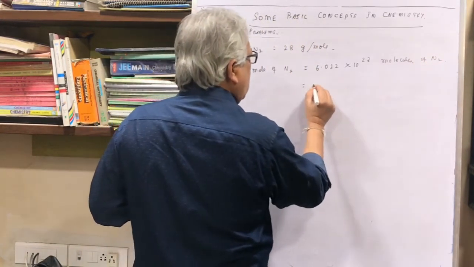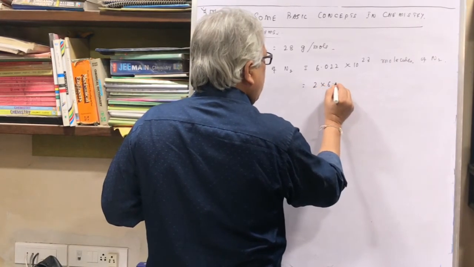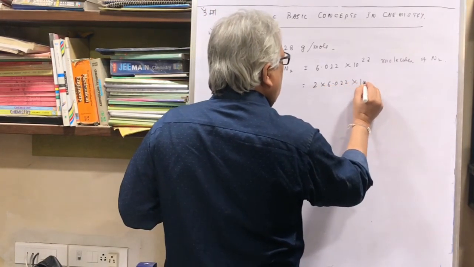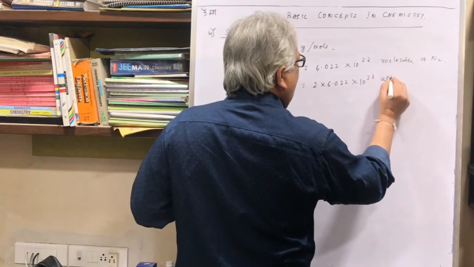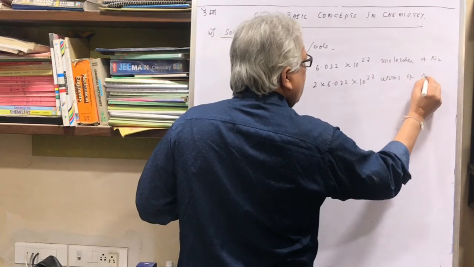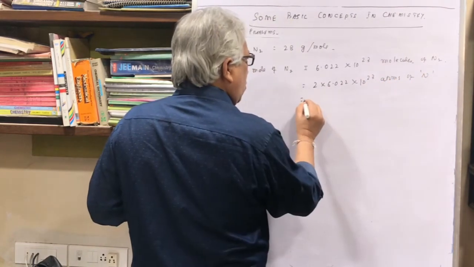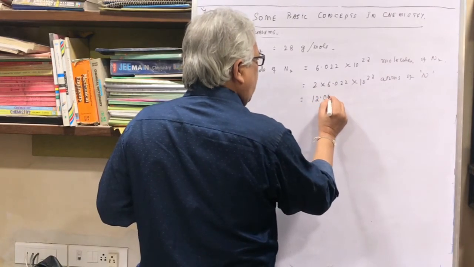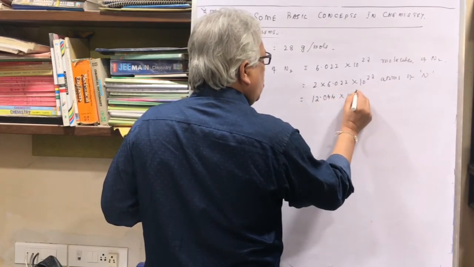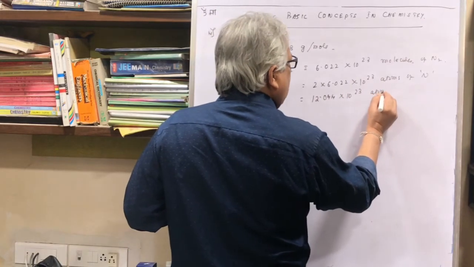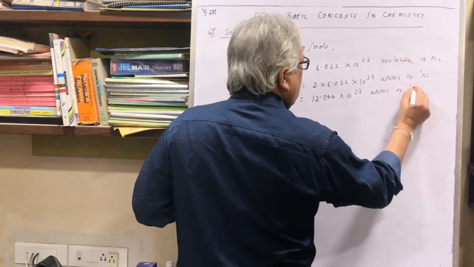Okay, and that is equal to 2 into 6.022 into 10 raised to 23 atoms of nitrogen, which is equal to 12.044 into 10 raised to 23 atoms of nitrogen.